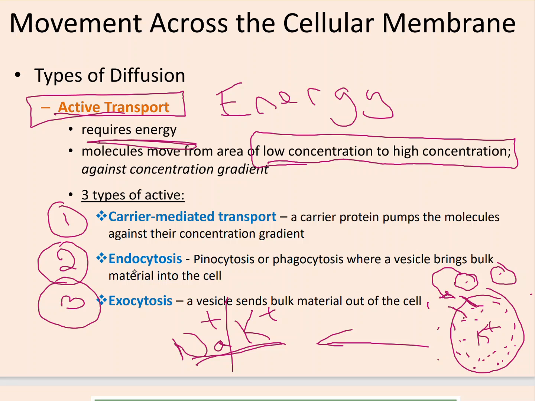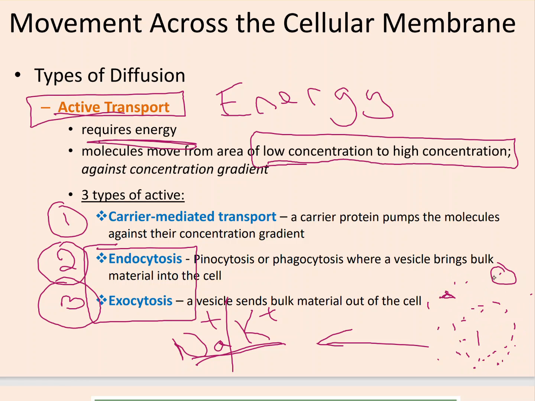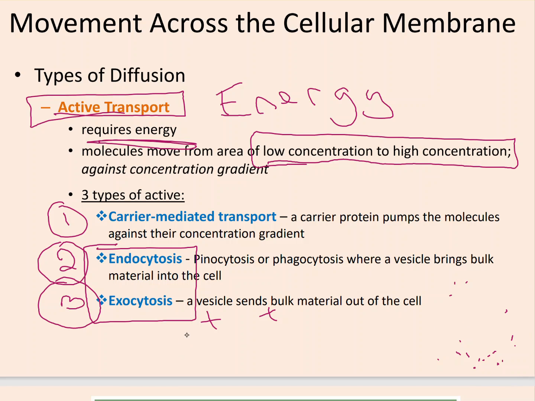The next one I want to talk about is endocytosis and exocytosis. This is where you're trying to bring in large quantities of substances into the cell. Because you're trying to bring in such large quantities, they can't easily pass through the membrane. They can't fit using simple diffusion.